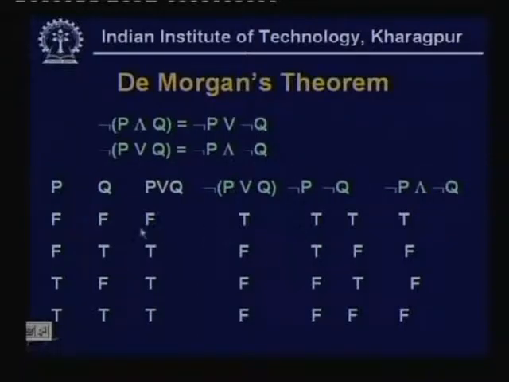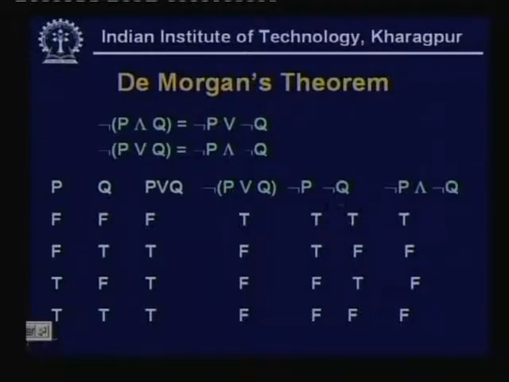So, to prove this, we can write down the truth table. P and Q will have these combinations again. So, P or Q will have this value, not of P or Q will be the complement: true becomes false, true becomes false. Now, we look at the right hand side: not P, here P was false and not P is true, Q was false, so not Q is true.